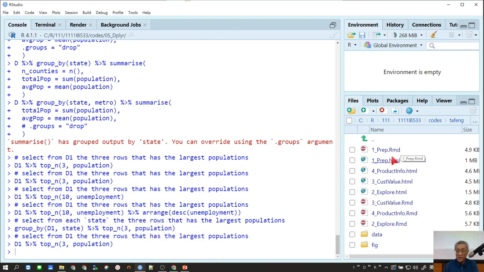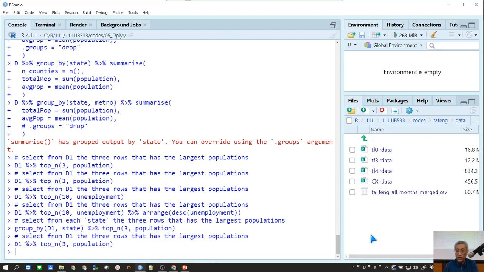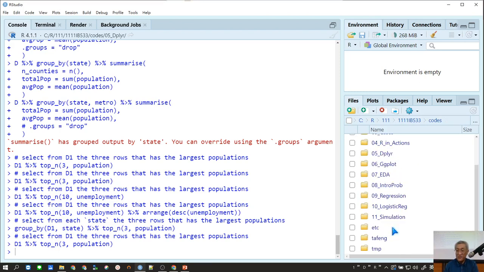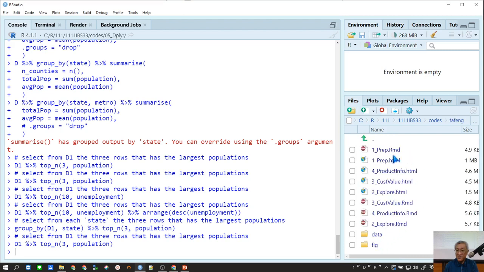The data is already included in the data folder. Okay, so now let's take a look at the first notebook.